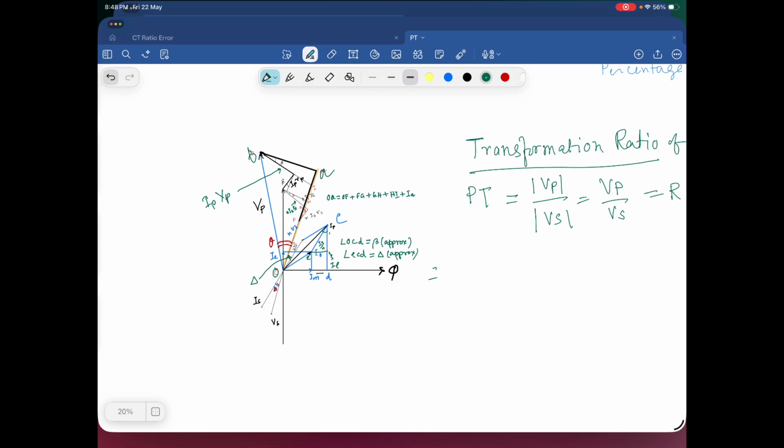This is flux and this is my I0. We have to find out the ratio of Vp and Vs. When Vs is reflected to the primary side, that is when Vs is reversed, then Vs in the primary side will be multiplied by n, nVs, and when the secondary current is reflected to the primary side, it will be Is by n.